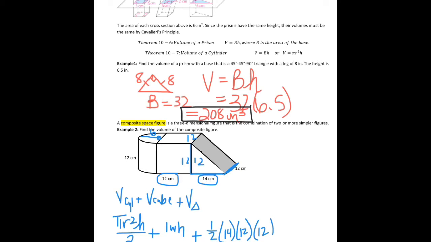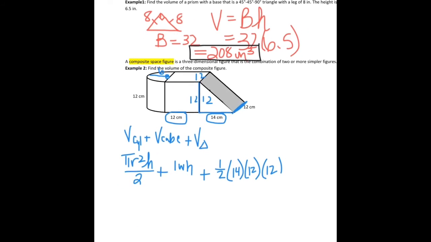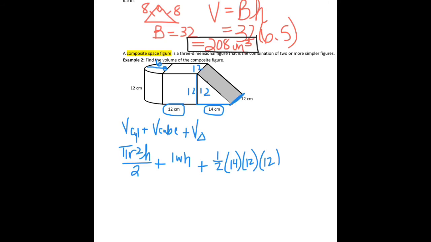All right, so I'm going to plug in some numbers. So pi times my radius, which is 6 squared, times my height, which is 12, all over 2, plus 12 times 12 times 12, which is 12 cubed, plus half of 14 is 7, and 12 times 12 is 144.